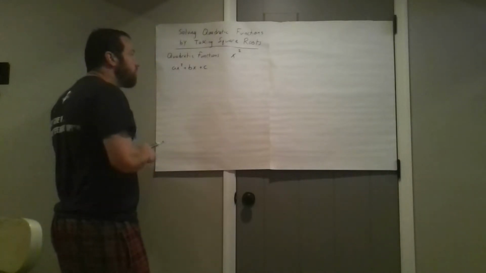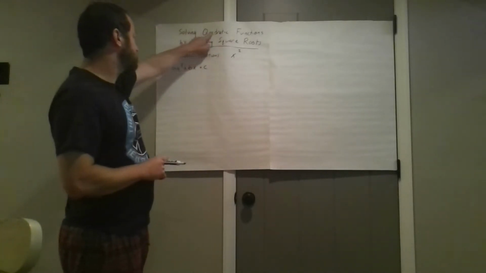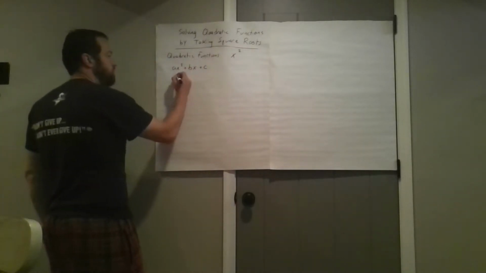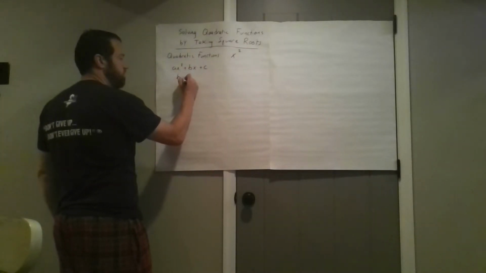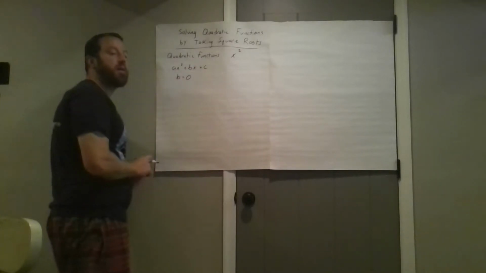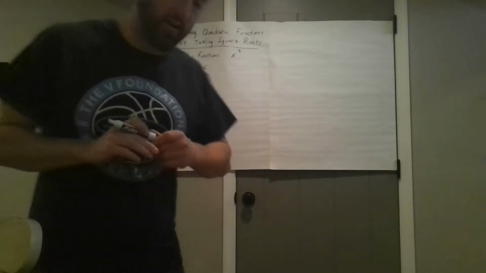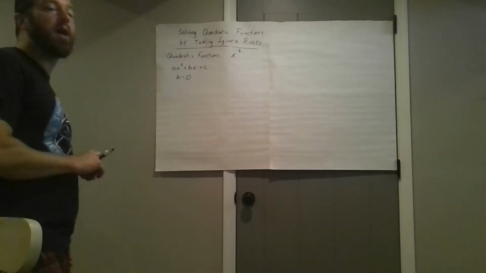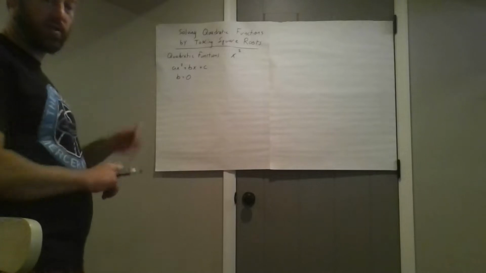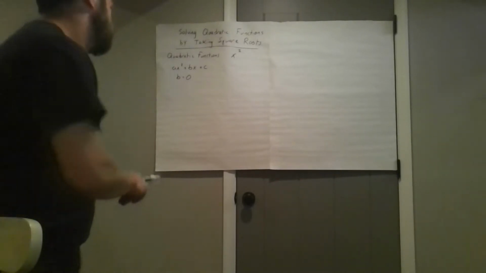Now the times where we're going to solve quadratic functions by taking square roots is when b is 0, meaning basically it's not there. If that b is there, then you can't use that method. So this entire section, there will be a b of 0.